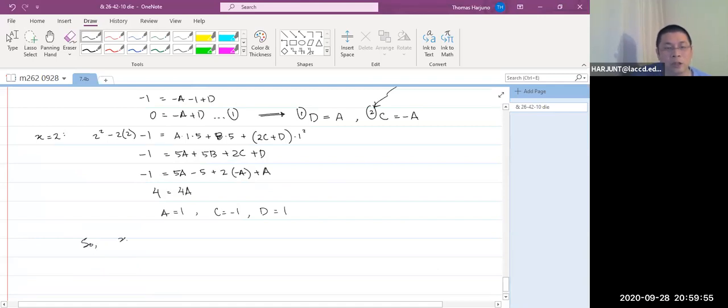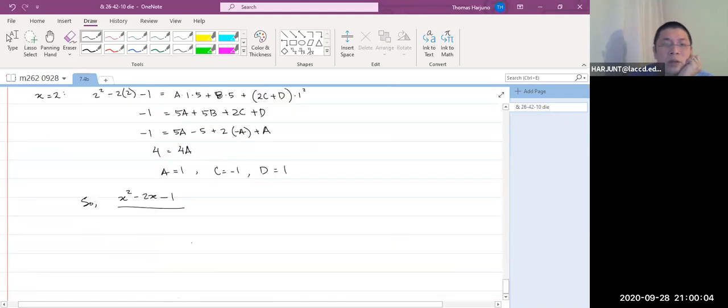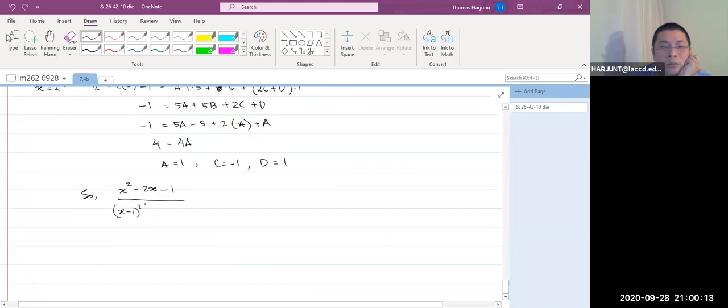So x squared minus 2x minus 1 over (x minus 1) squared times (x squared plus 1) equals 1 over x minus 1, minus 1 over (x minus 1) squared, plus negative x plus 1 over x squared plus 1.